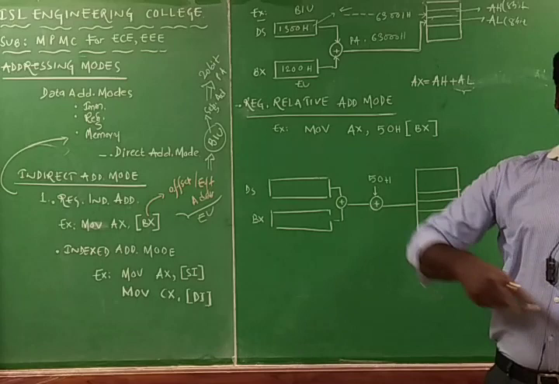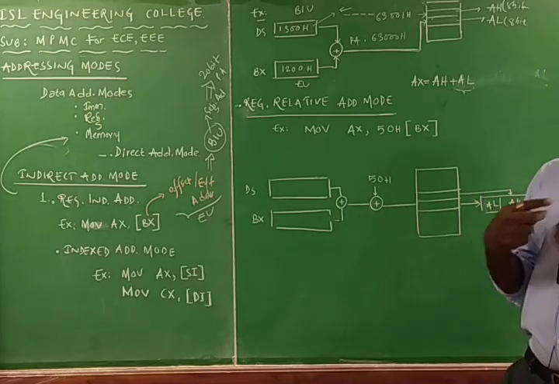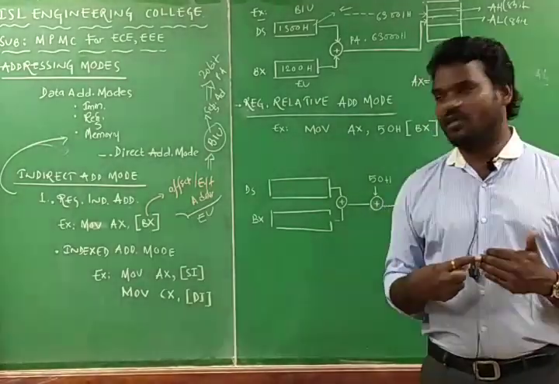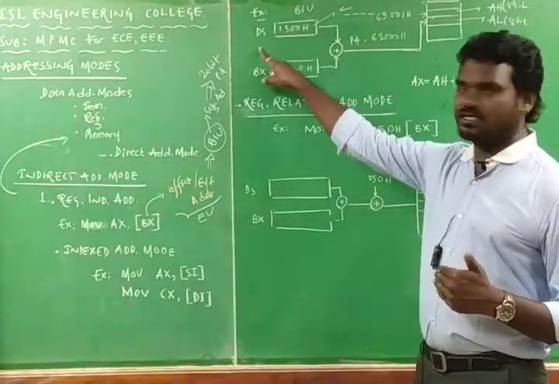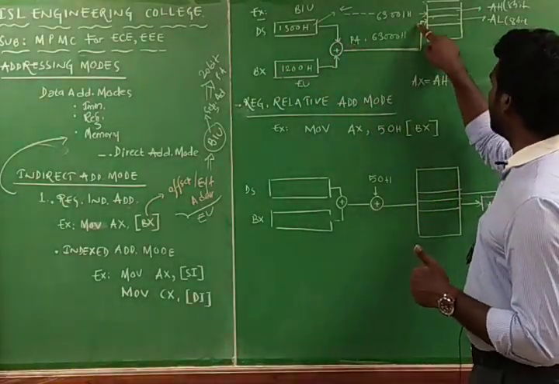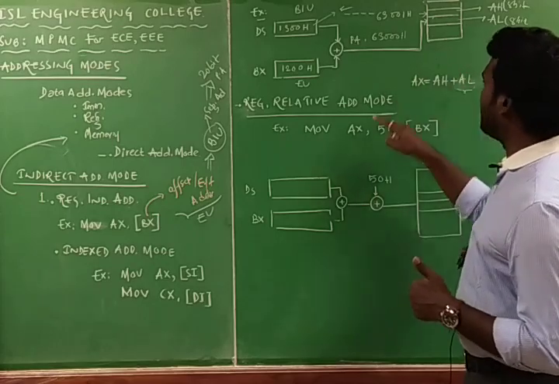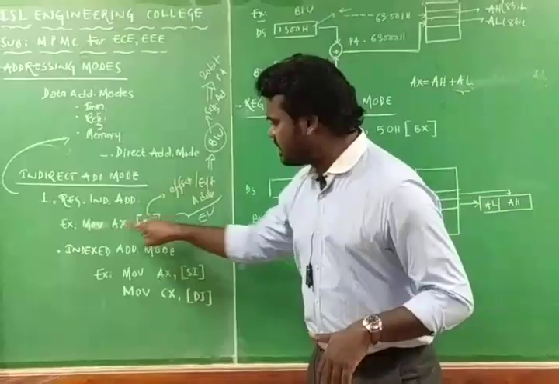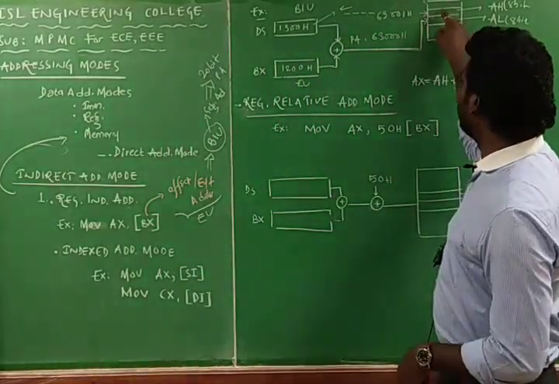Using that offset address, we give it to the bus interfacing unit, where the segment address is stored in the segment register. These two combined generate the physical address, which identifies one particular memory location, and we need to move the complete data into AX, which is 16 bits wide, so we are taking two memory locations.